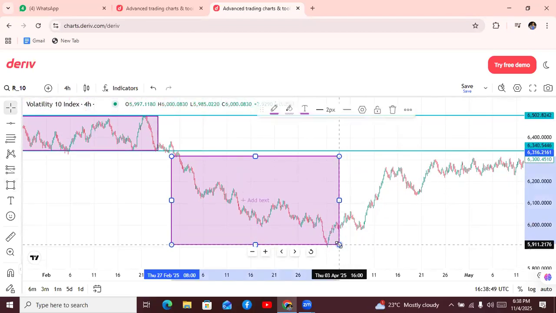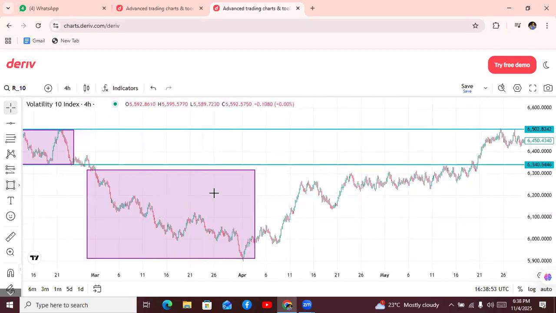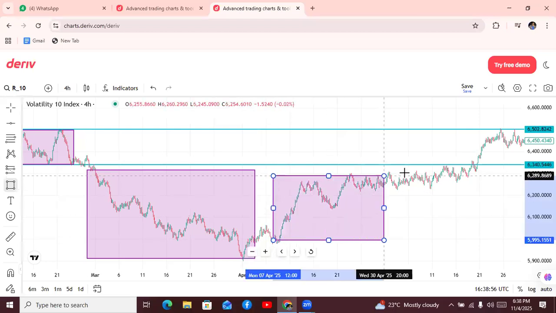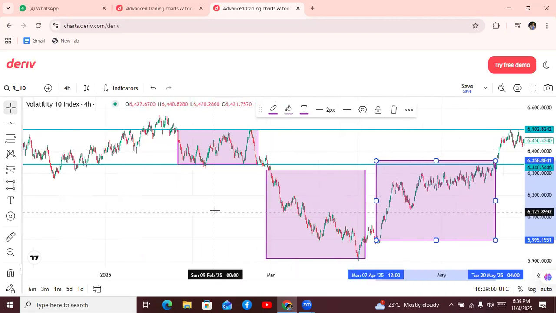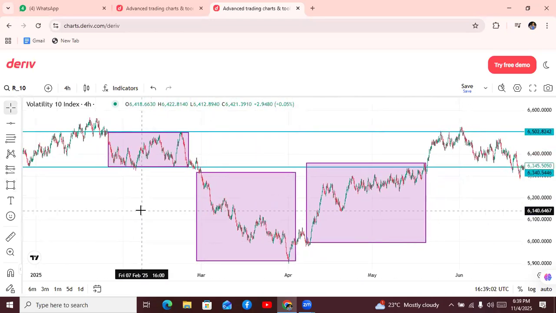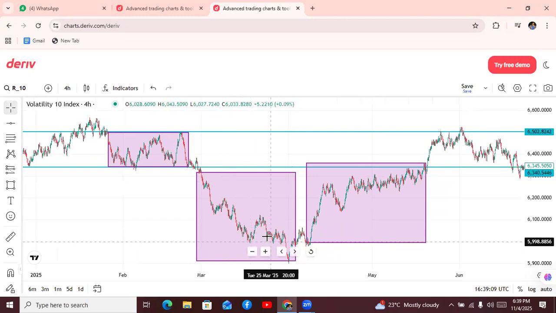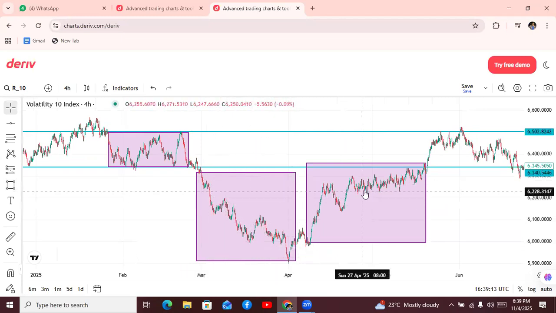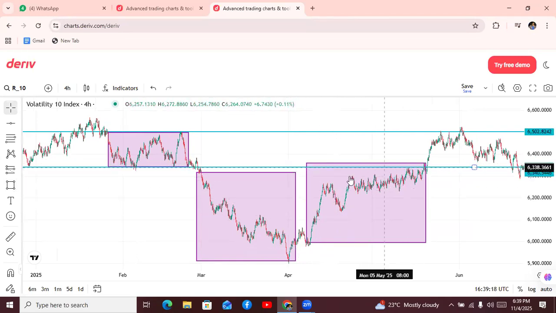A bearish market structure. What type of market structure? That's a bullish market structure. So, meaning it is in this market structure that we should look for an opportunity to sell. It is also in that market structure that we should look for an opportunity to buy.